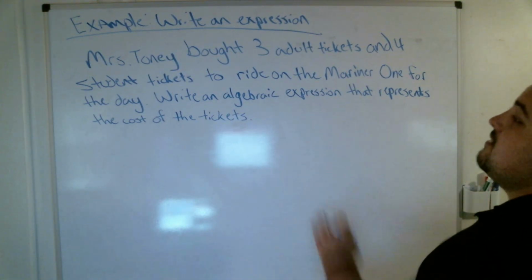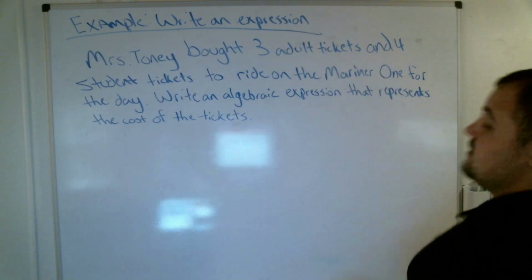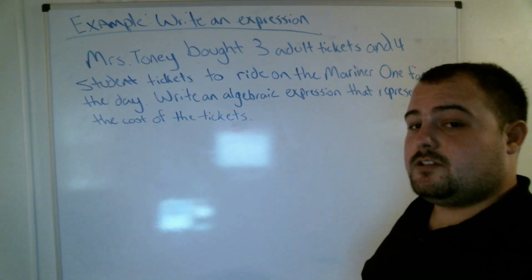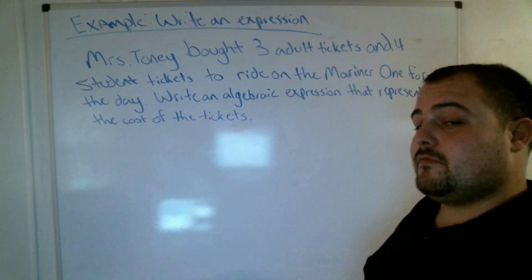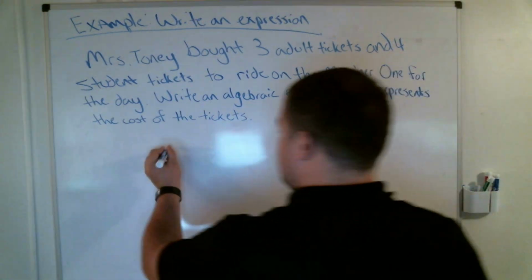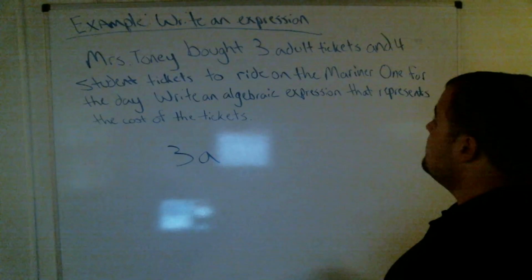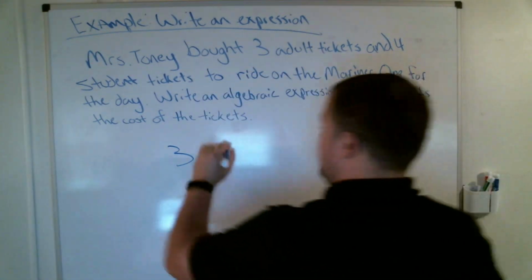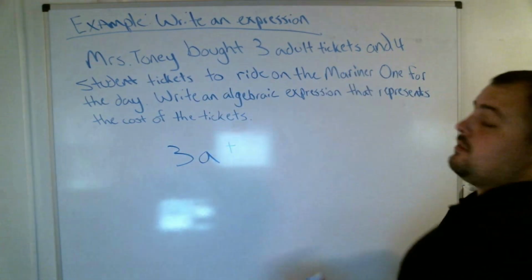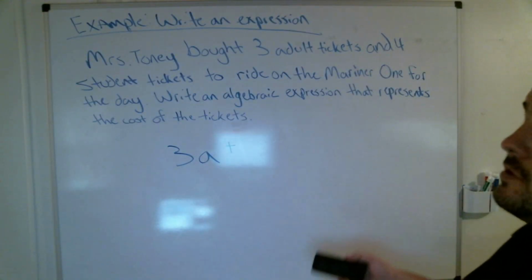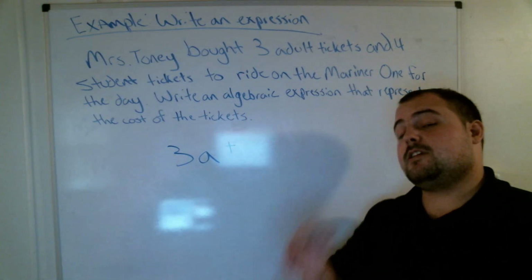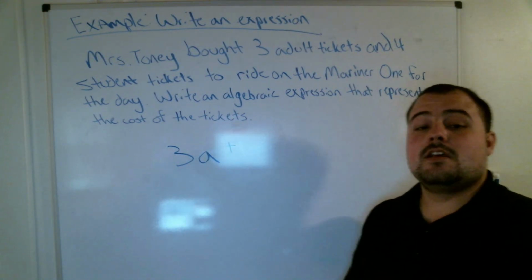So in this case, we would say 3 adult tickets. Well, we don't know the price of an adult ticket, so we want to use a variable. I'm going to say 3A, A for adult tickets, and 4 student tickets. So I know that 3 adult tickets are going to add to 4 student ticket prices, but we don't know the price of student tickets.